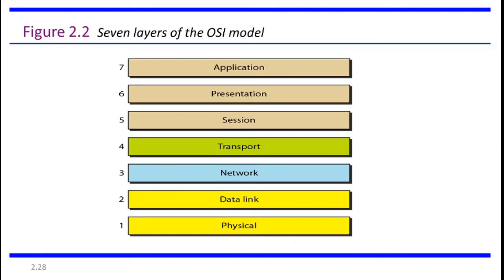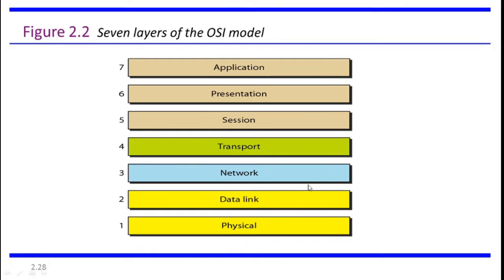So OSI model is not a single protocol, it is a model for understanding and designing a network architecture that is flexible, robust and interoperable. So OSI model was intended to be the basis for the creation of protocols in the OSI stack.